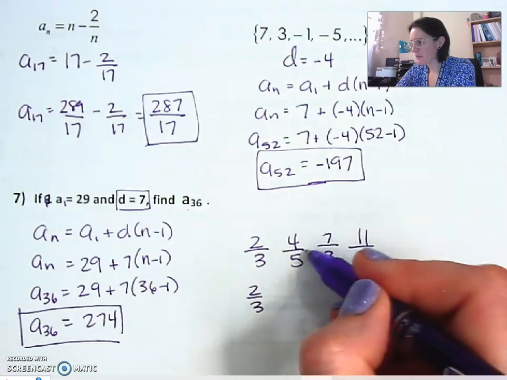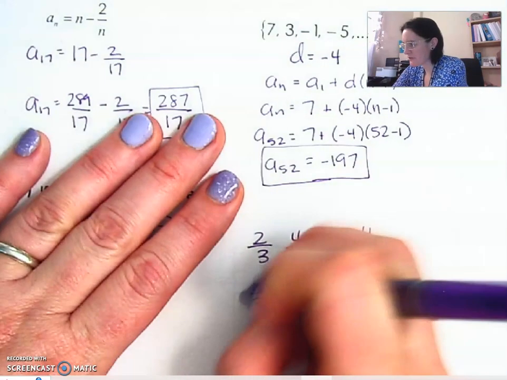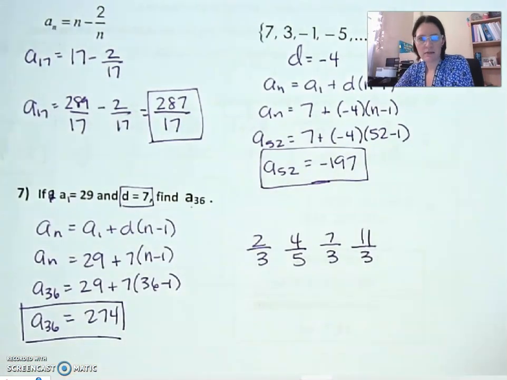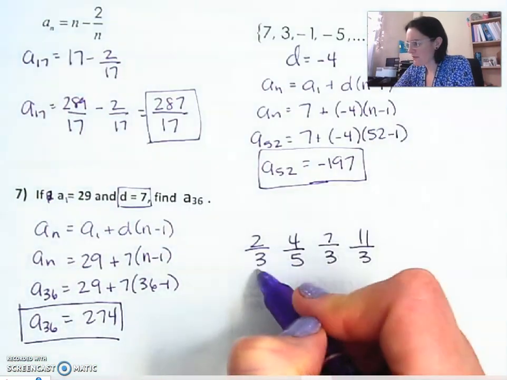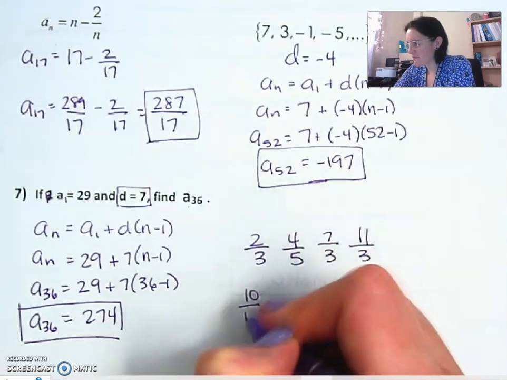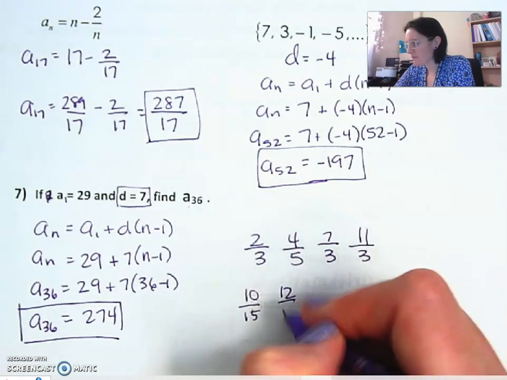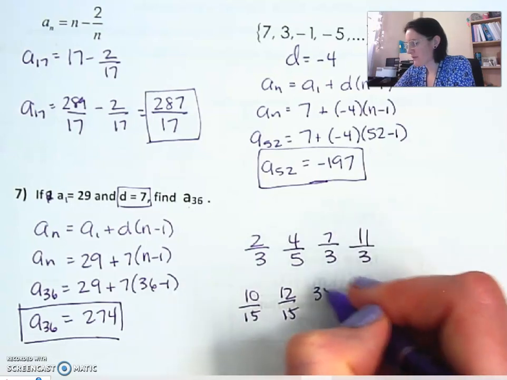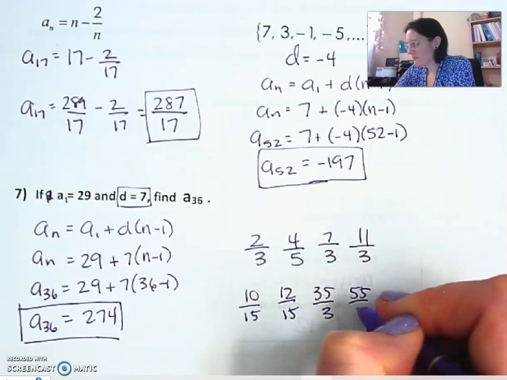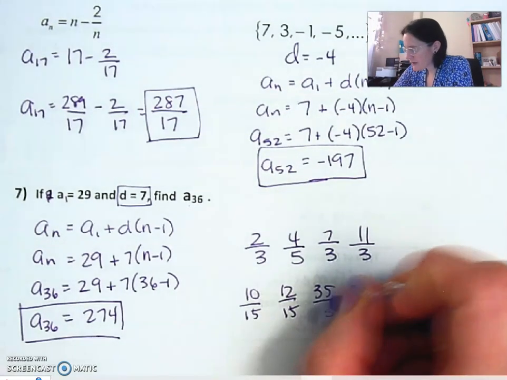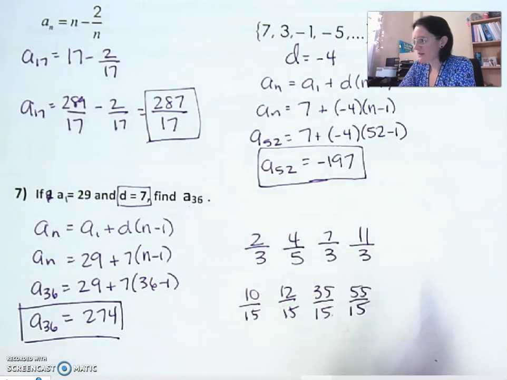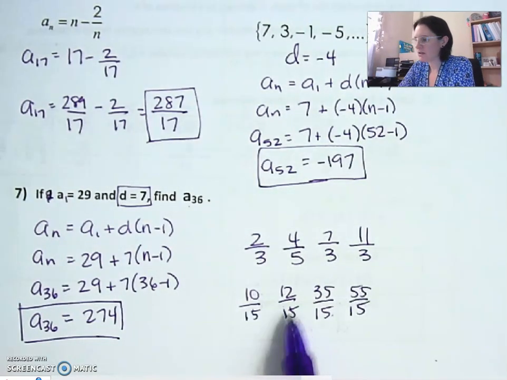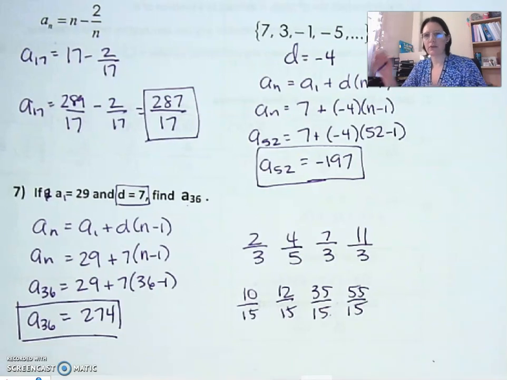Like 4/5, if I want to rewrite everything with a denominator of 15, for example, I'd multiply this by 5 over 5, this one by 3 over 3, this one by 5 over 5, and then once the denominators are all the same, it's easier to see if there's a pattern or not in the rest of the problem. So that's just a hint I have. When working with fractions, put everything with a common denominator first, rewrite them, then try to find your pattern.